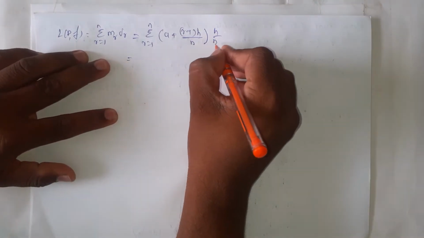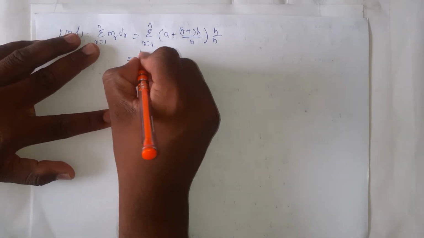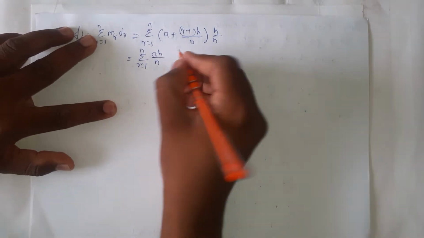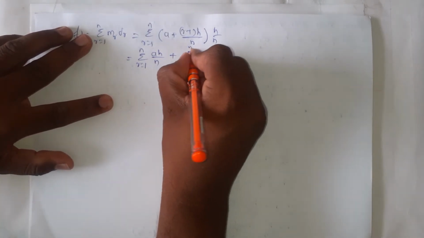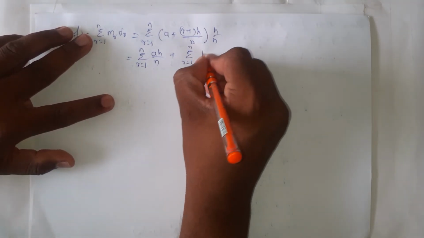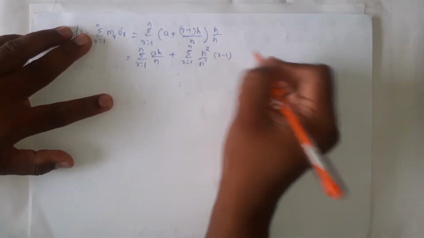Now multiply this h by n to these two terms, that is summation over r is equal to 1 to n, it is a h divided by n plus summation over r is equal to 1 to n, here we are writing the summation separately, it is h square divided by n square into r minus 1.